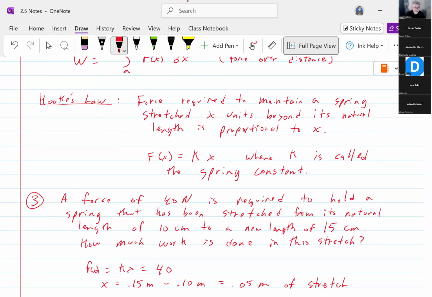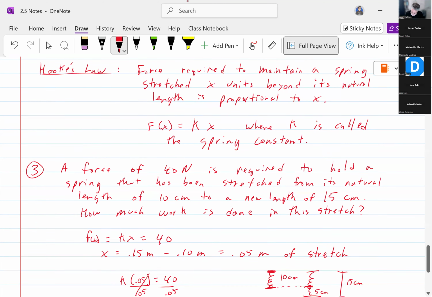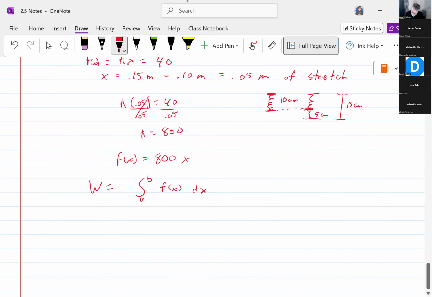Exactly. It is 0 to 0.05 because when it's at rest at 10, there's no force involved. So it's zero distance. So this is equal to the integral from 0 to 0.05 of 800x dx.